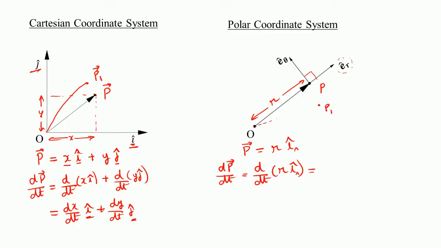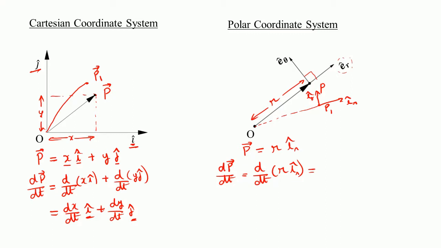My er will be in this direction and my e theta will be perpendicular to this. So as the particle changes its position, my unit vector changes. So I cannot take er as constant with time here.